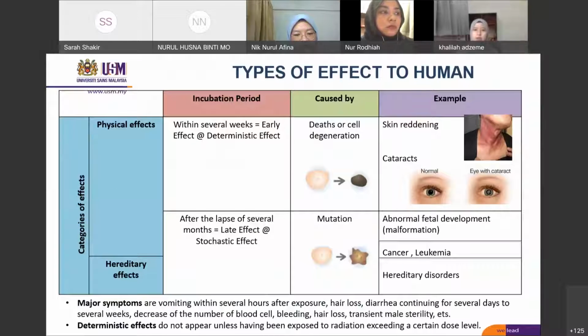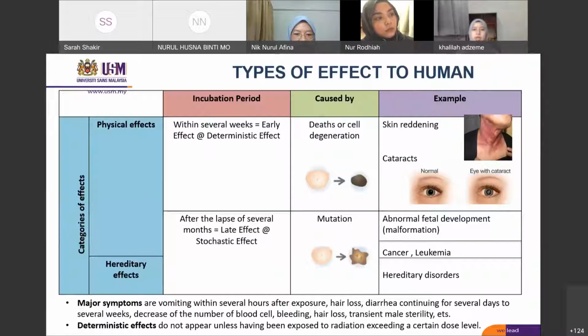There are two types of radiation effect on the human body. Radiation effects may be classified depending on the length of time until any symptom appears after the exposure.